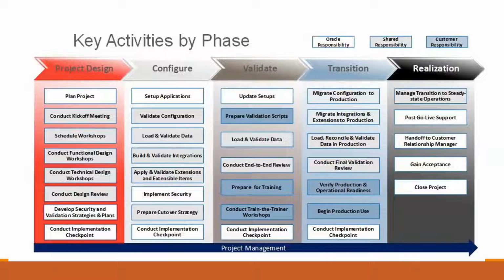That discussion will happen offline, and the project manager from the implementation team will discuss with the client project manager, telling that we will implement all this in 2 phases or 1 phase in 2 years. So once those are finalized, the first thing is we plan the project, we conduct the kickoff meeting.